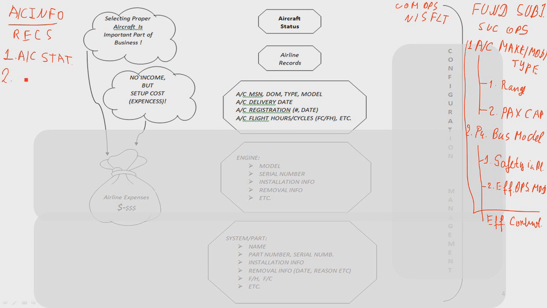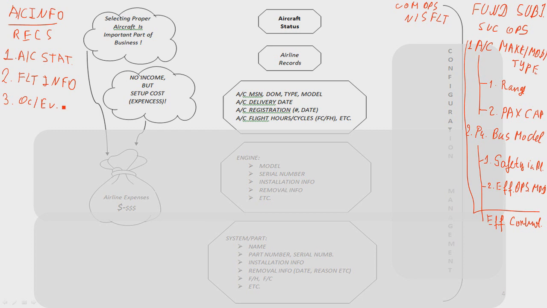Number two, flight information. So we need to record all information about flight. And number three, it is occurrences or events. So we need to know all information about all occurrences during our operations. We have to record it.